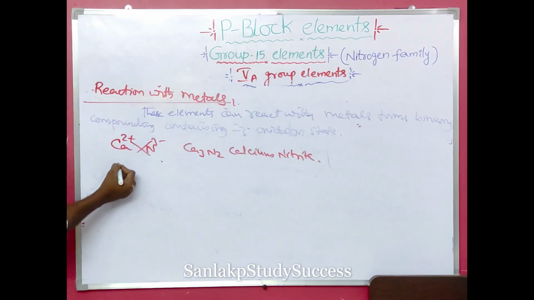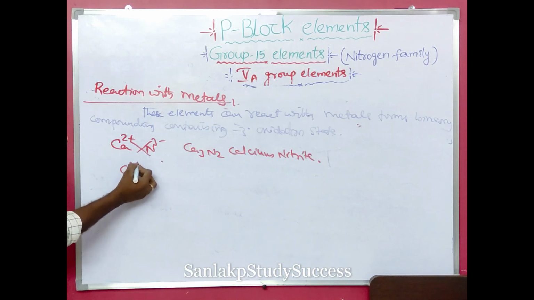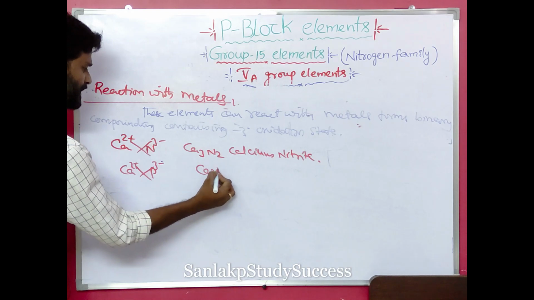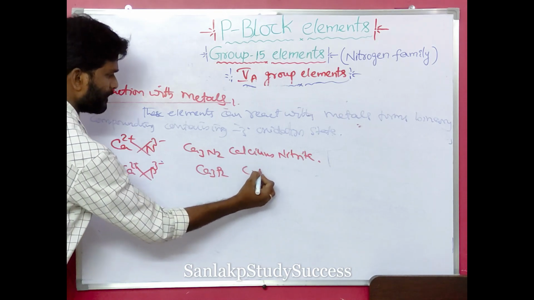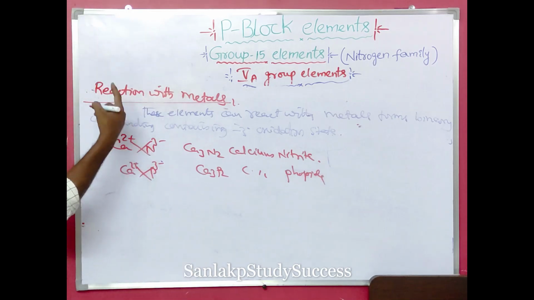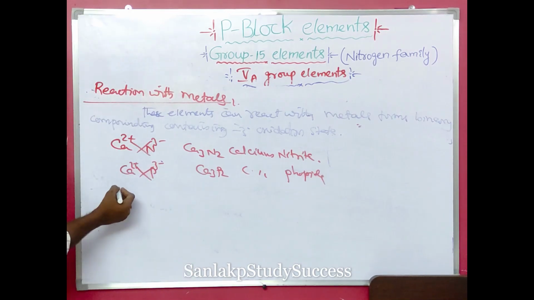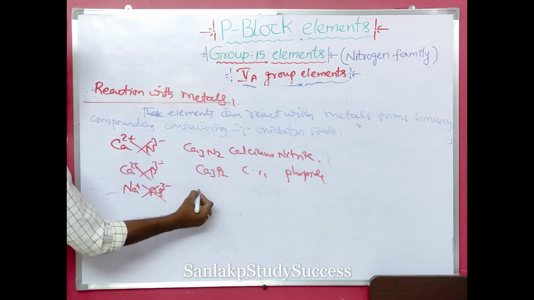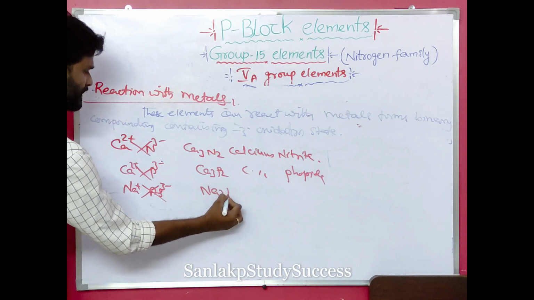Similarly, calcium 2 plus and P3 minus. What is the formula? Ca3P2, calcium phosphide. In these compounds, what is the oxidation state? -3. Sodium Na plus and As 3 minus. What is the formula? Na3As.